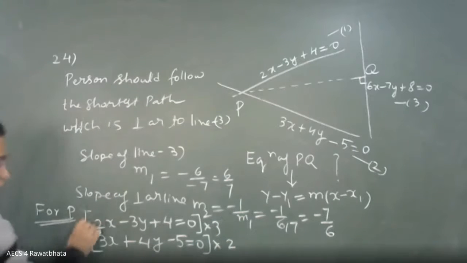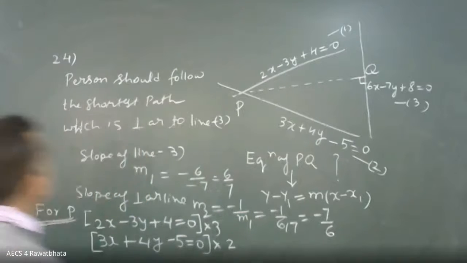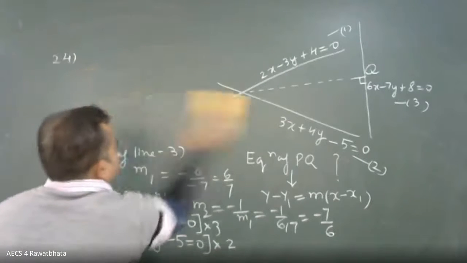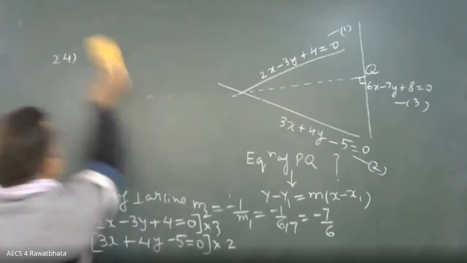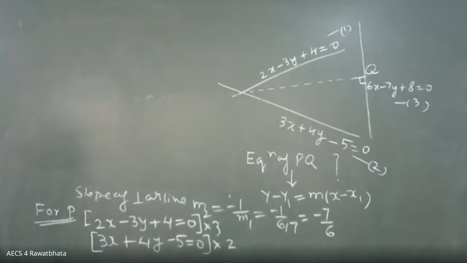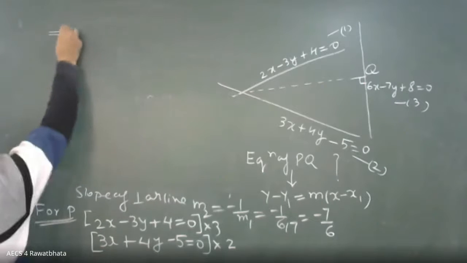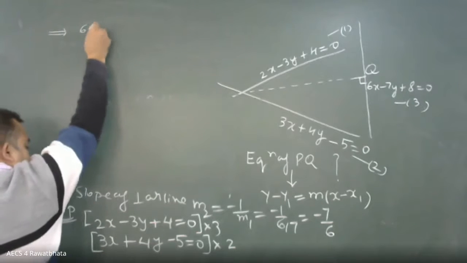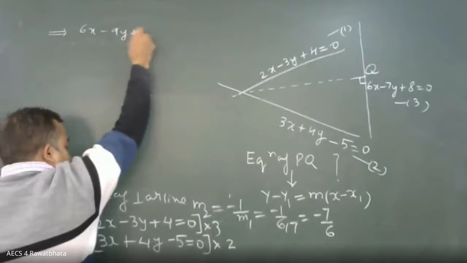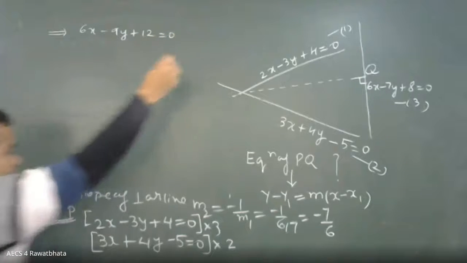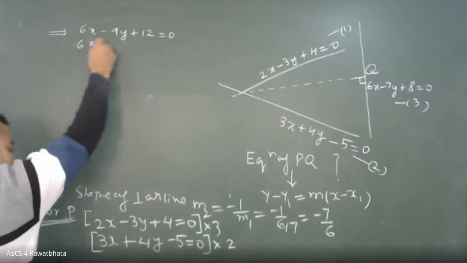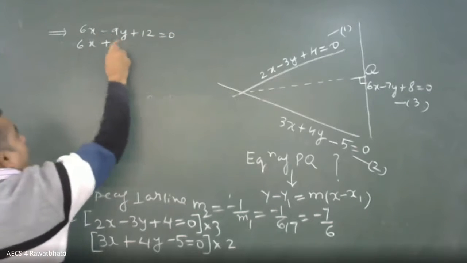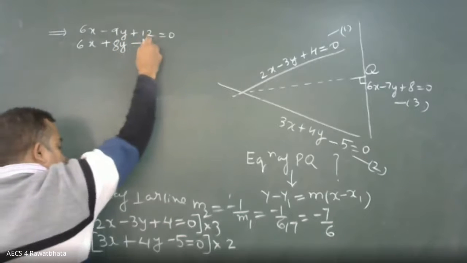Okay, I have to multiply anyway, I'm writing it here. So the first equation will become 6x minus 9y plus 12 equal to 0. The second one will become 6x plus 8y minus 10 equal to 0.